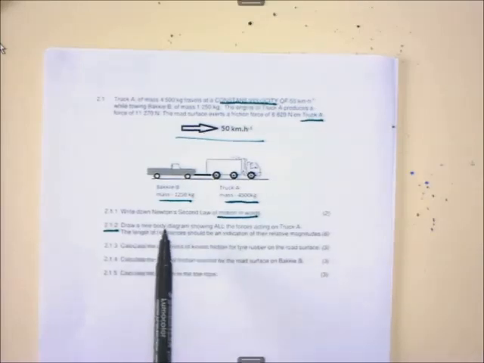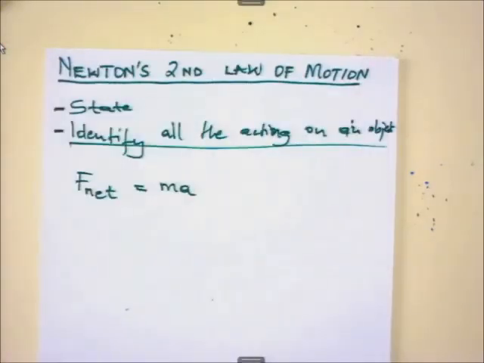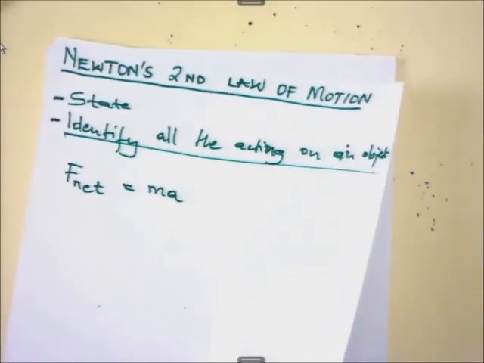So in this case, for you not to be penalized, you are asked to draw a free body diagram showing all the forces acting on truck A. The length of vectors should be an indication of their relative magnitudes. Now, let's move on. Let's draw the forces acting on the objects.